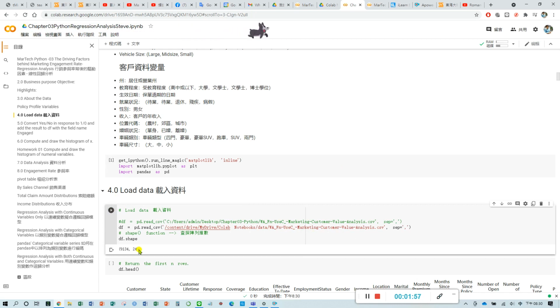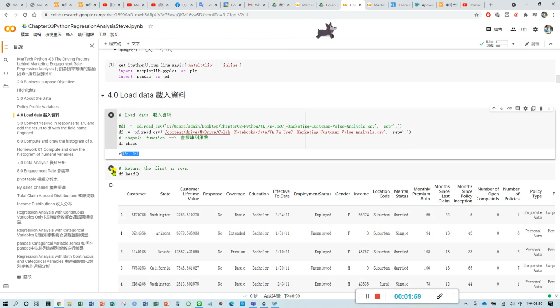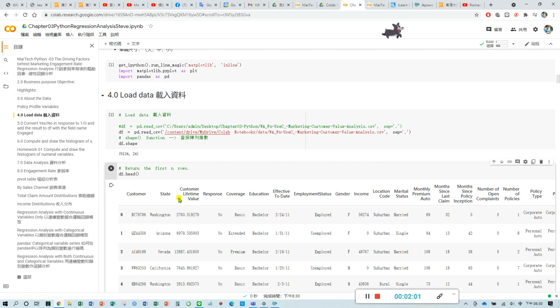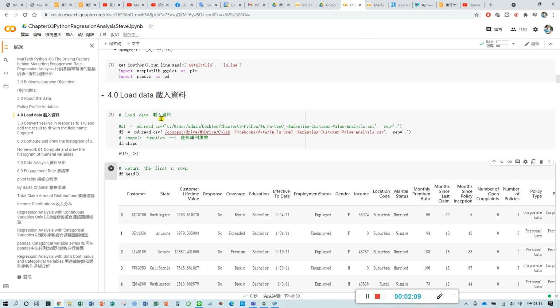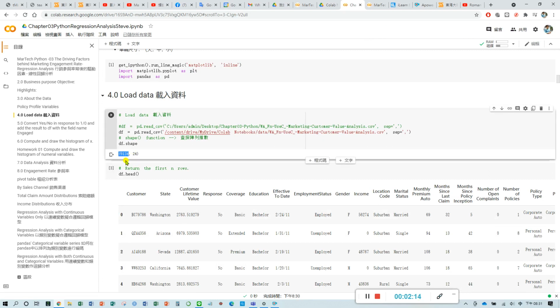Okay, it's ready now. Also we have to take a look at the first 5 lines of the observations. So how many observations? It's more than 9,000 observations with 24 variables.